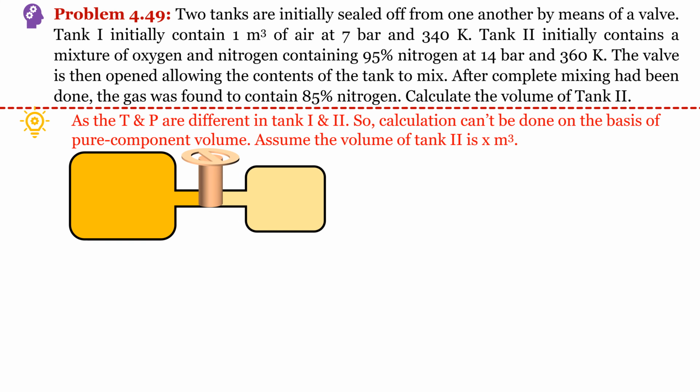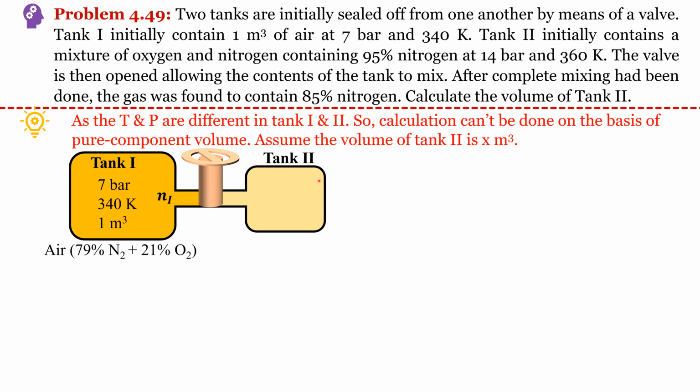Now we will write the corresponding parameters. In tank 1, air contains 79% N2 and 21% O2, and it is present at 7 bar, 340 Kelvin and 1 meter cube, and we assume the total moles of air present in tank 1 is N1.